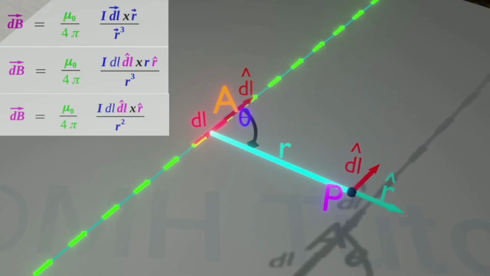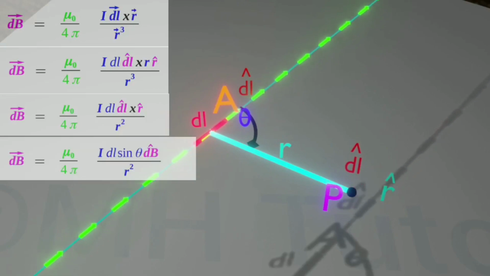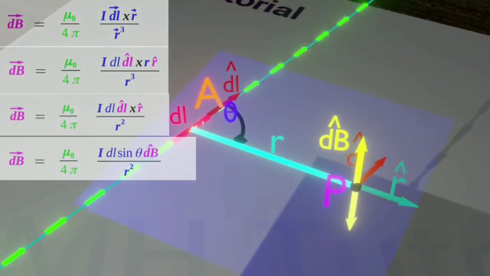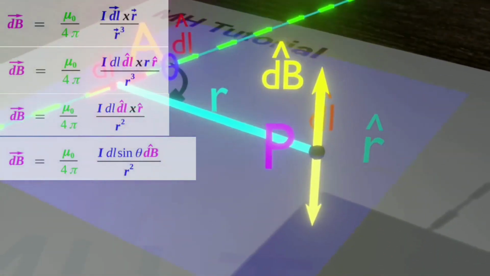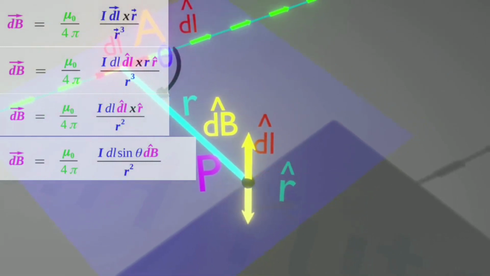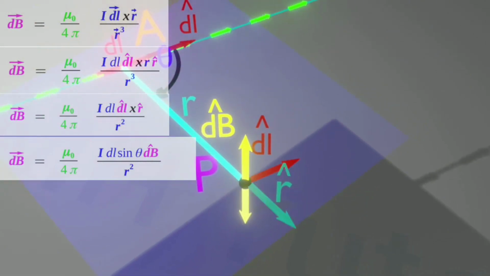If we calculate the cross product, we get sine theta into cap dB, where cap dB is the direction of the vector dB, and it is perpendicular to the plane that contains vectors dl and r. So, we understand that cap dB is perpendicular to this plane.